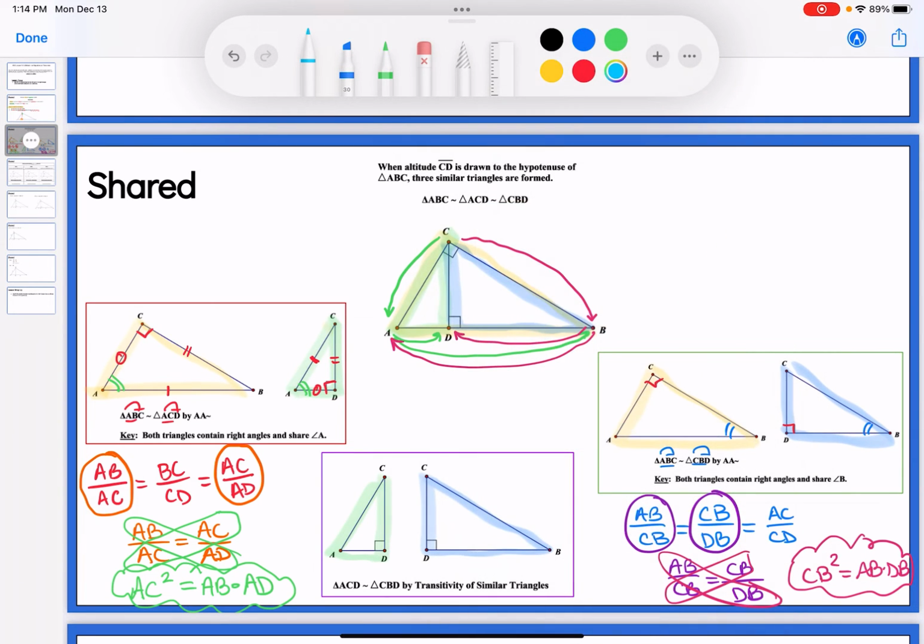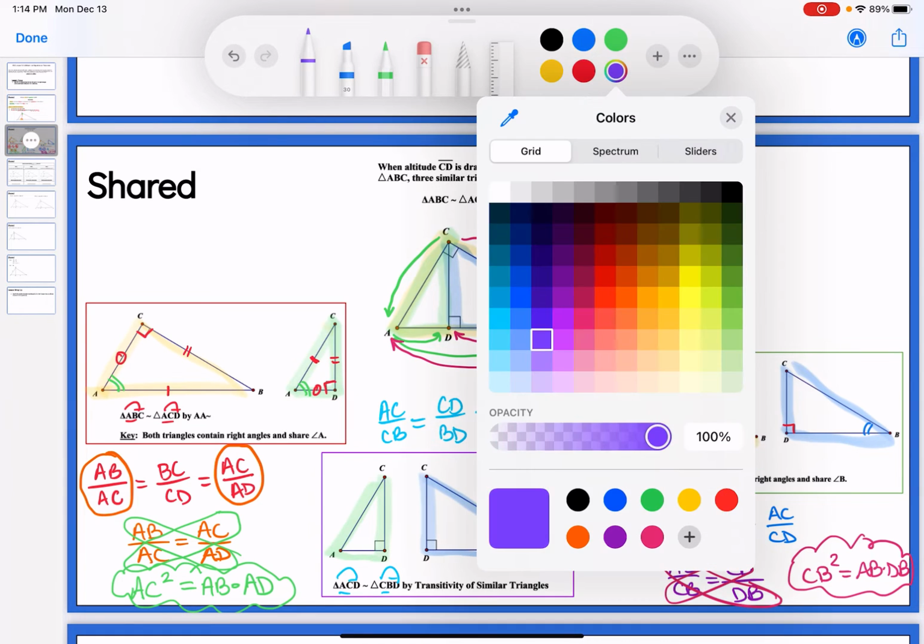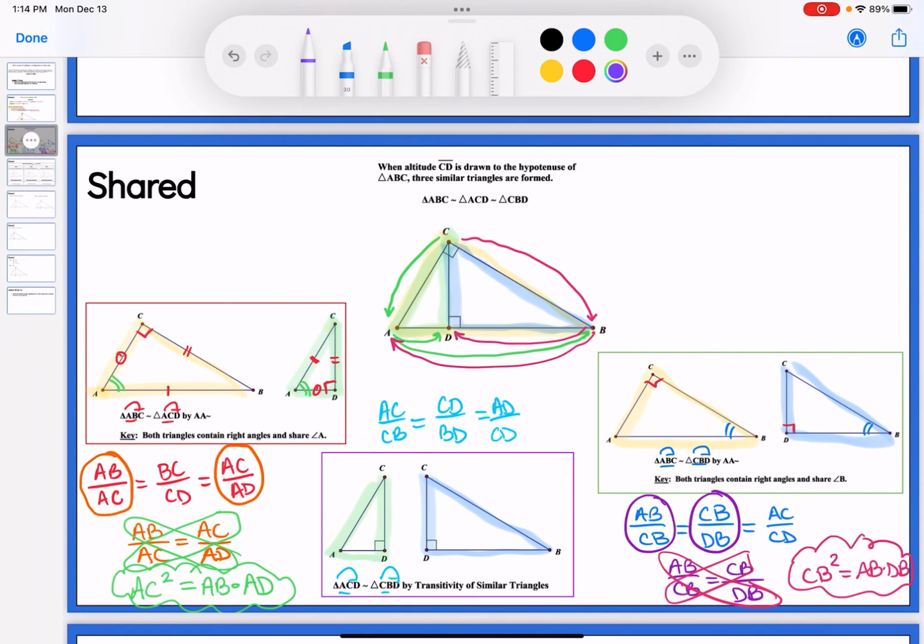So if I come up with my ratios again, AC over CB equals CD over BD equals AD over CD. And if I look for the two that are the same, we're running out of space here. They're right here, right? So I'm going to move up here.